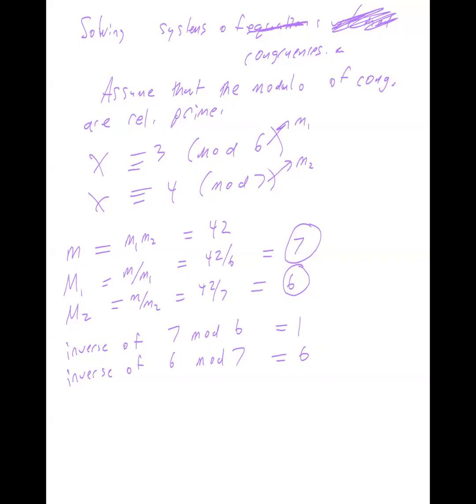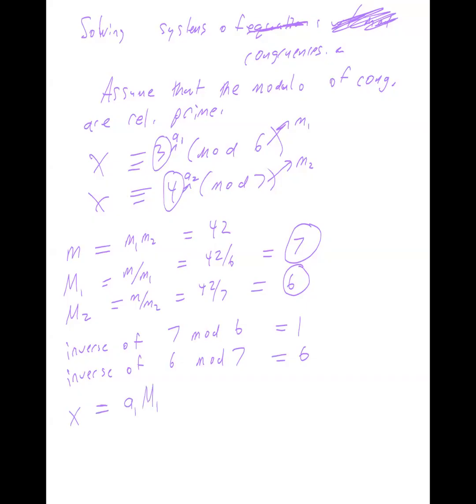So here's what you do. The solution to this problem is actually kind of easy, in a way. First, let me call this number right here A1, and then let me call this one A2. So the solution to the equation is equal to A1 times M1.